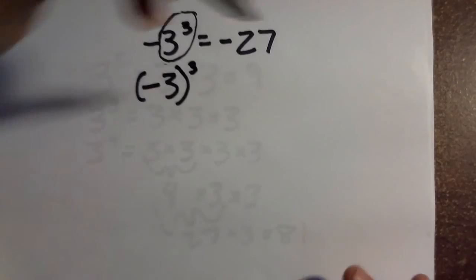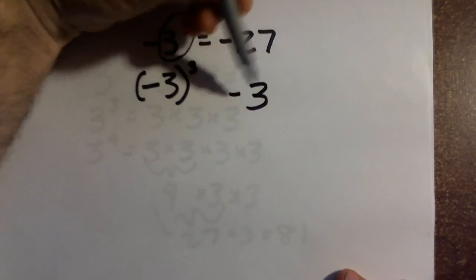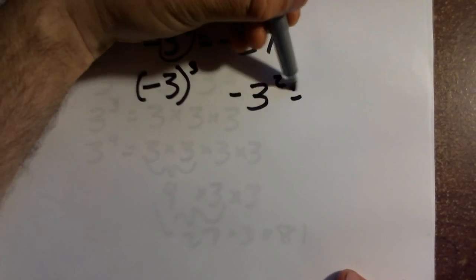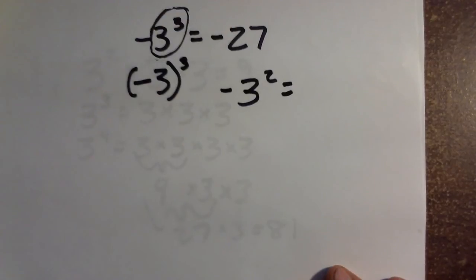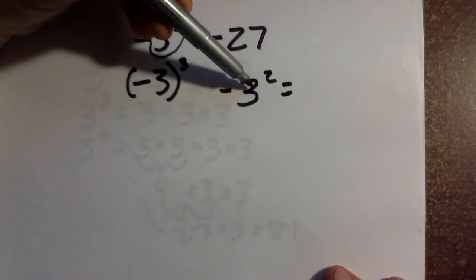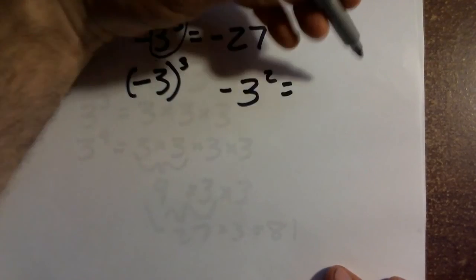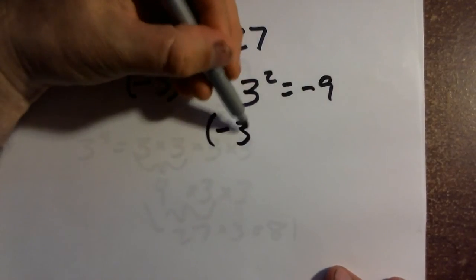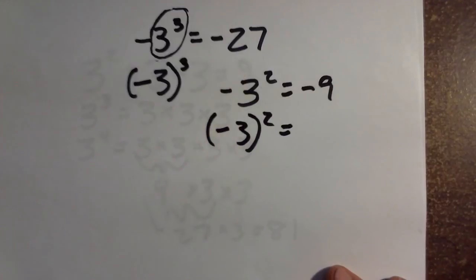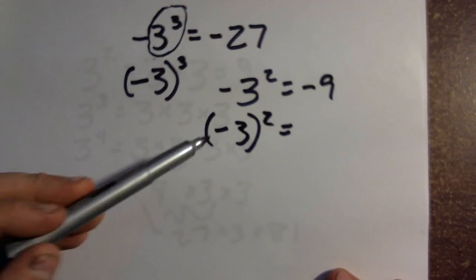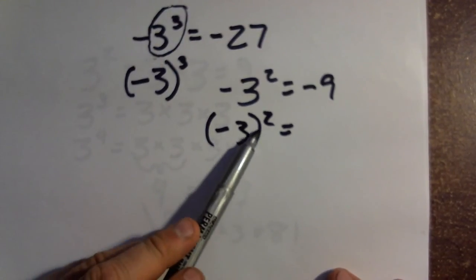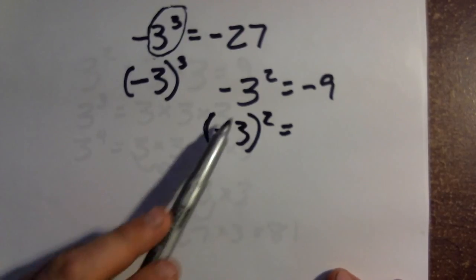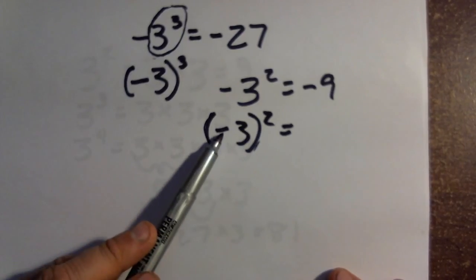Let's go with a square. Let's try negative 3 squared. I'm sorry, this is 3 times 3, which is 9, and then we apply the negative. Now the other way you might see it is like this. This is different than this. Because this 2 is touching the parentheses, it goes to everything in the parentheses, which includes the negative.